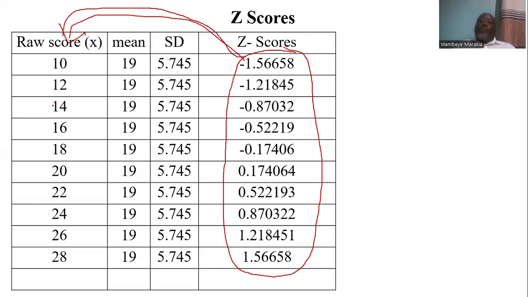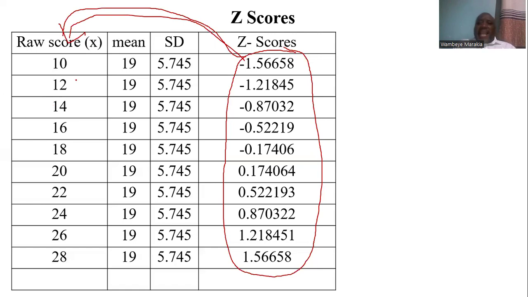How do we use these values? How do we apply them in statistics? But before we apply them in statistics, I want us to get some characteristics of these set of scores.